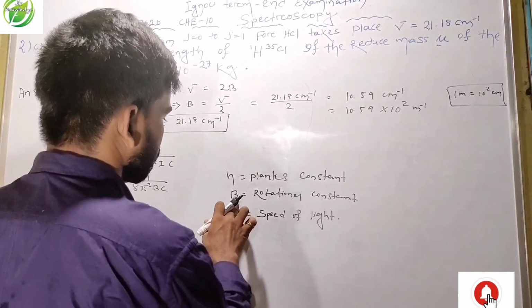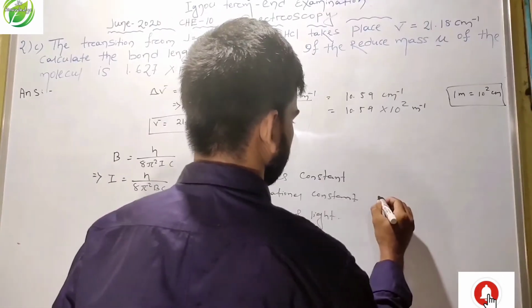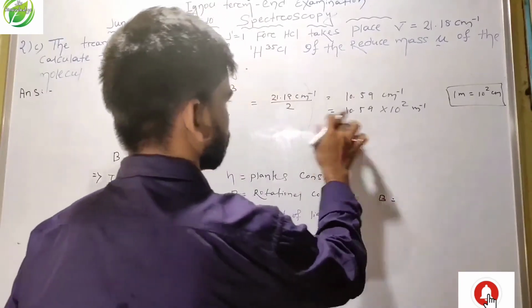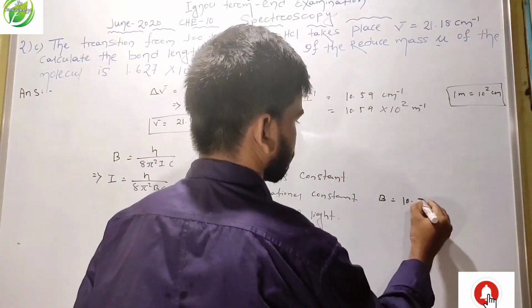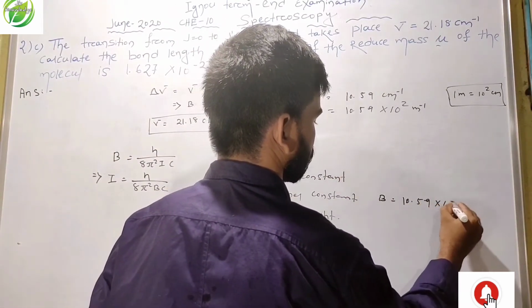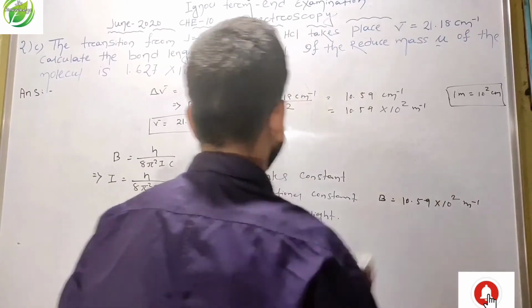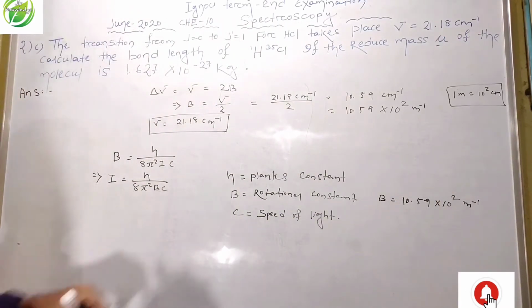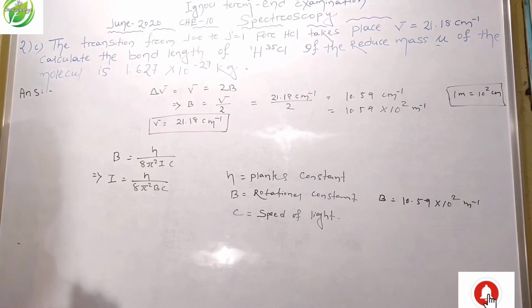We already calculated the value of B, which is 1059 m⁻¹, and we know the Planck constant.